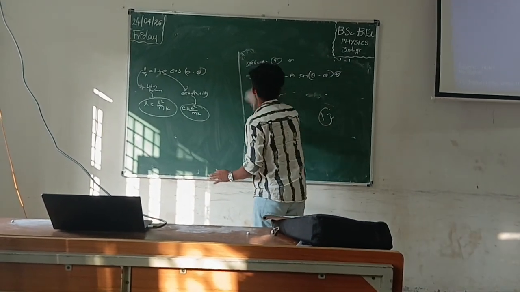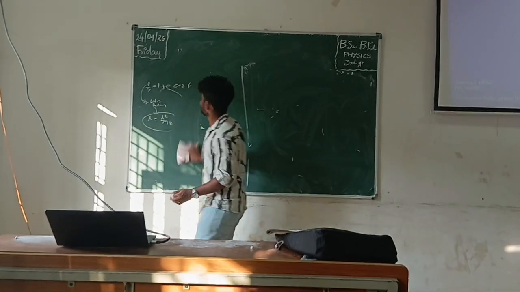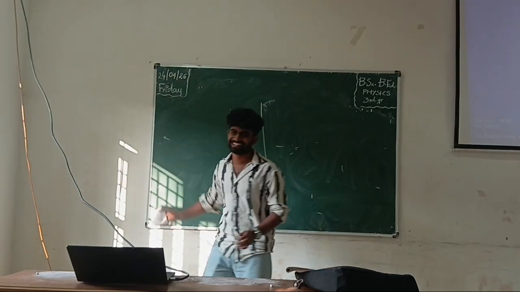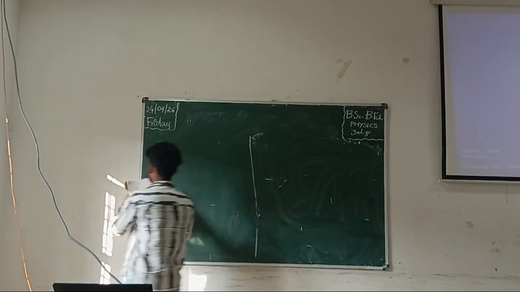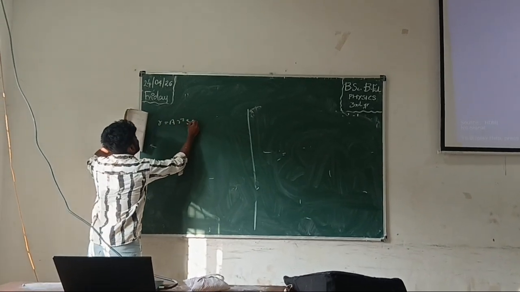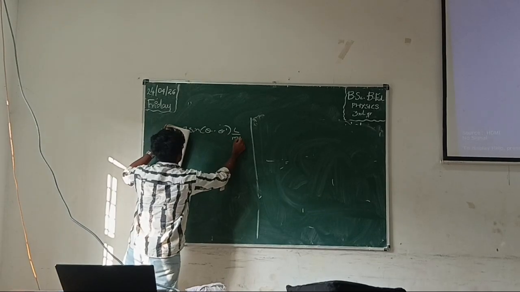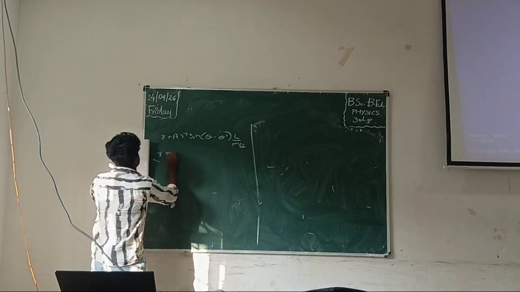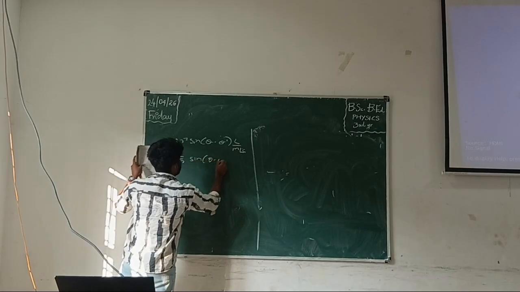It is very difficult to derive. So what next is r dot is equal to a r square sin(theta minus theta dash) times L by m r square. So r dot is equal to a L by m sin(theta minus theta dash).